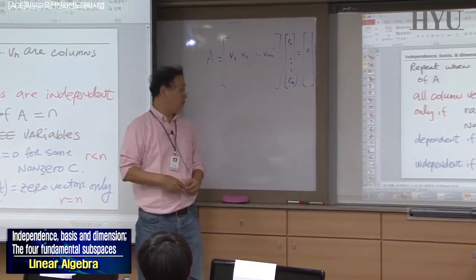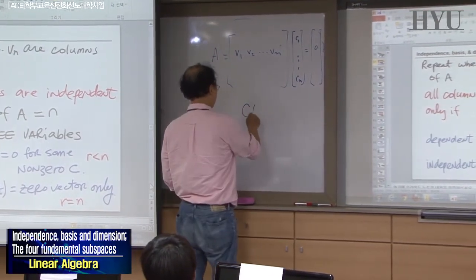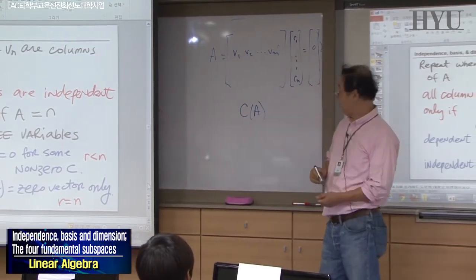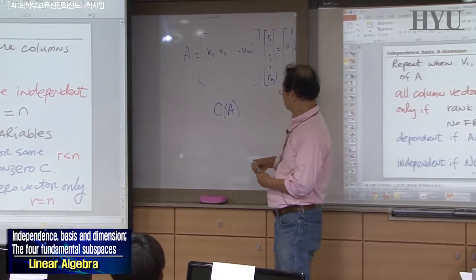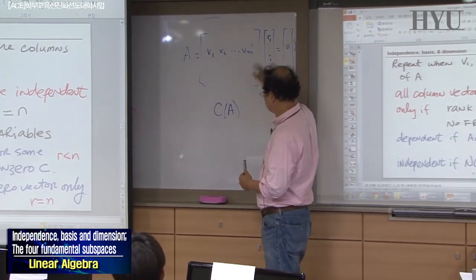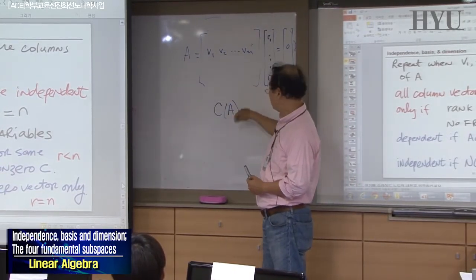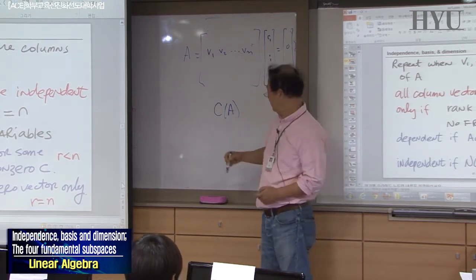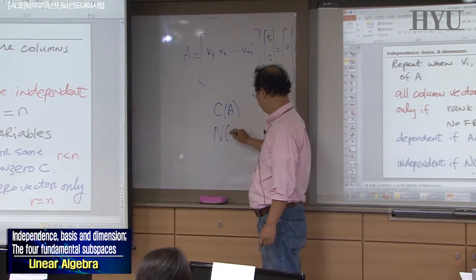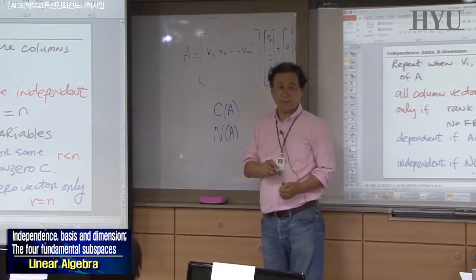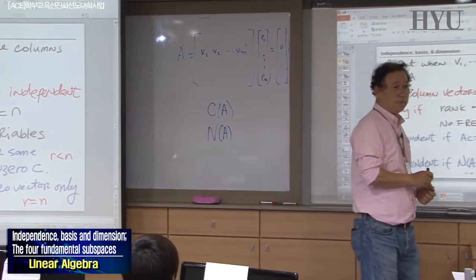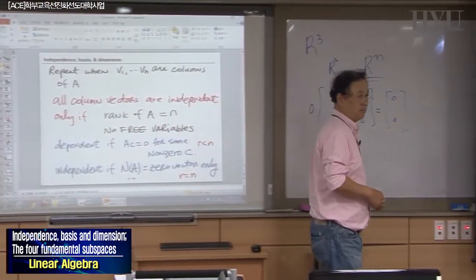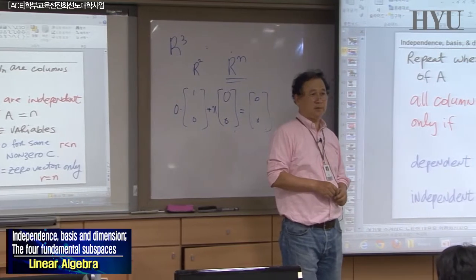Okay, today we reviewed the column space of A. The column space of A is, we see all these vectors, then all of the space spanned by these columns, right? Also, what is N(A)? It's the null space.